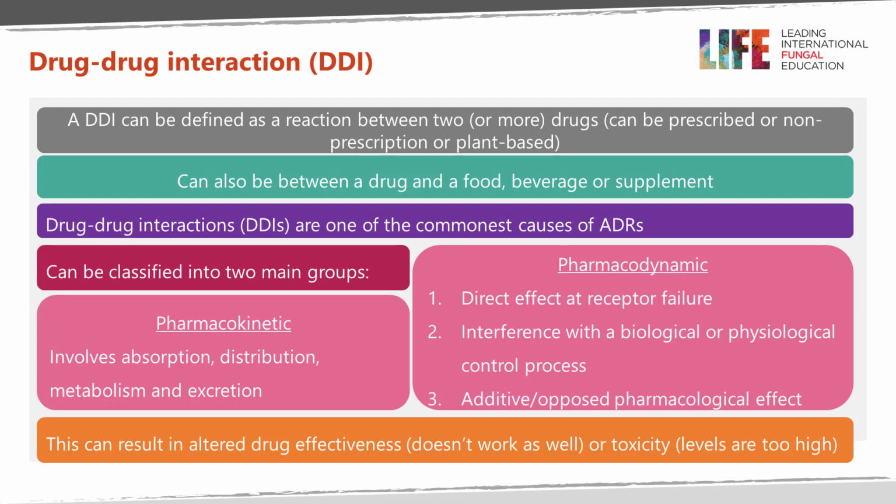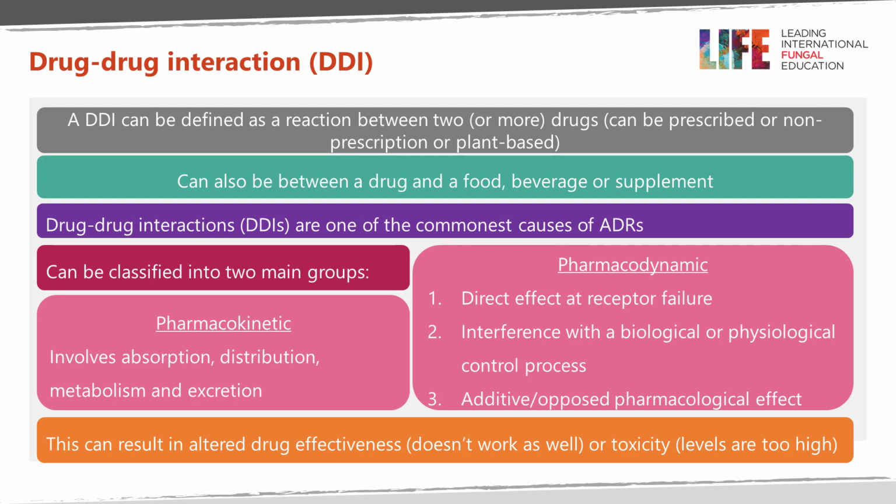Pharmacodynamic is the effect the drug has on the body. It can be to do with receptors, so you can get failures at particular receptors, interference with certain processes, and an additive or opposed pharmacological effect. So there are two separate components here.